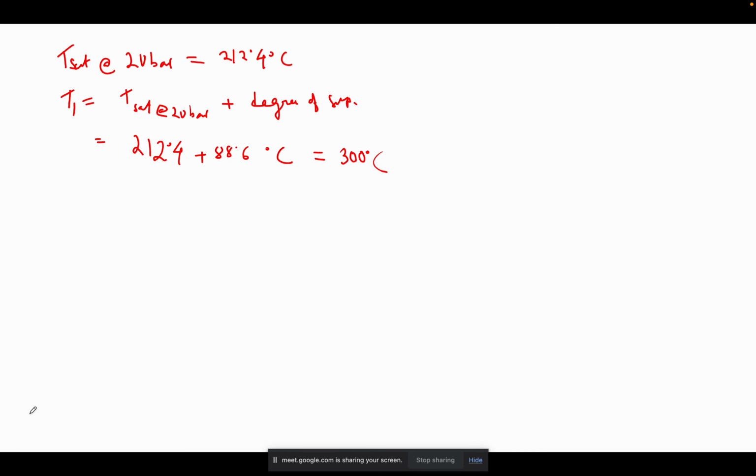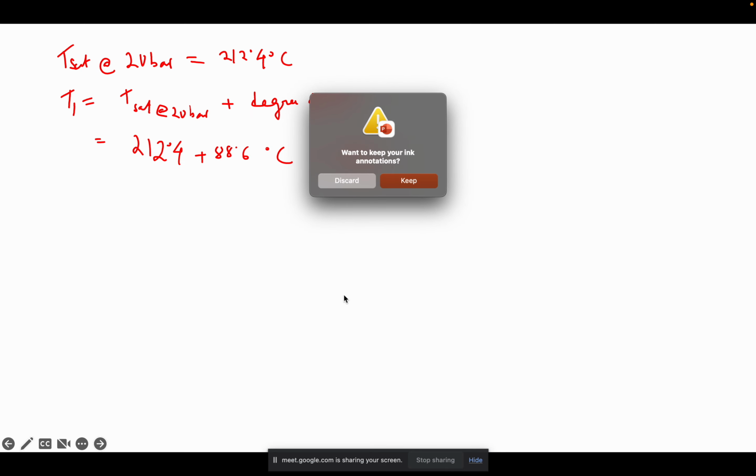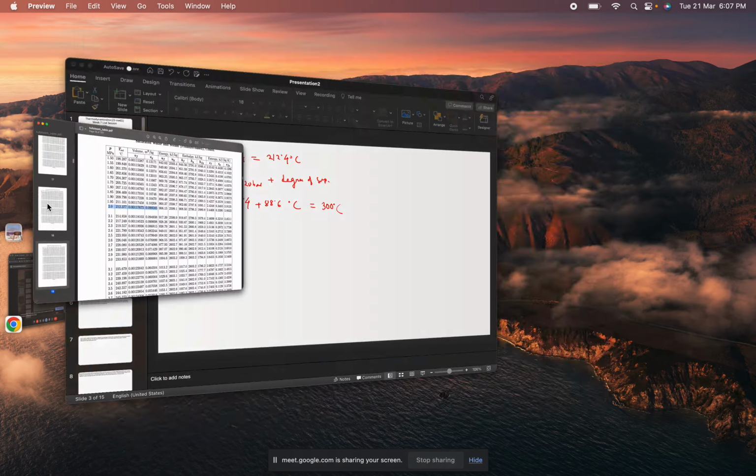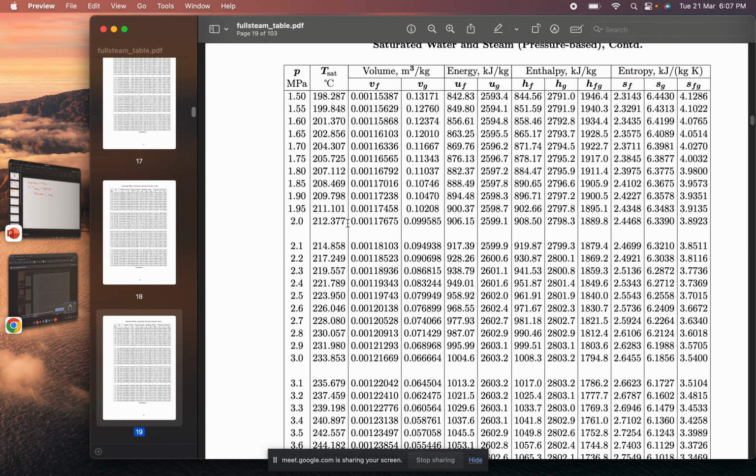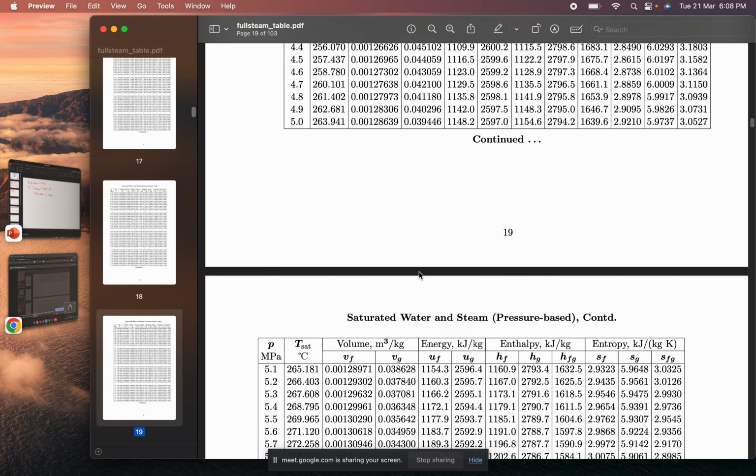So now in the steam table we have to go to the superheated table, because we have seen that the saturation temperature is 212.4 and our T1 is greater than this saturation temperature. That means it is superheated steam, and the question is also telling us.